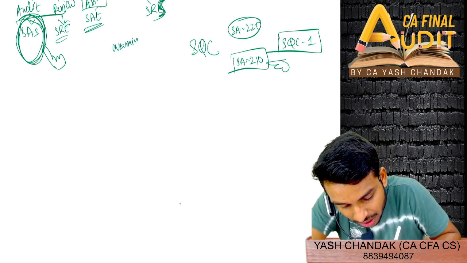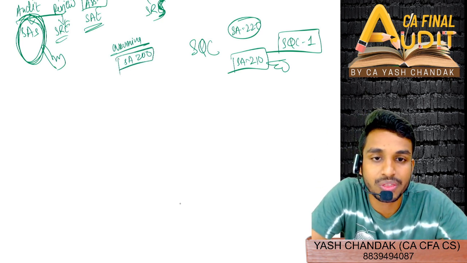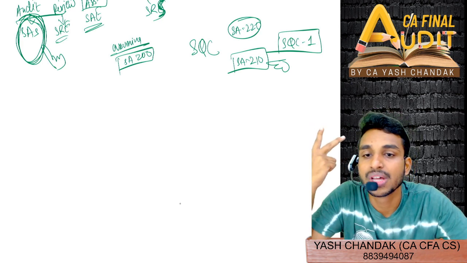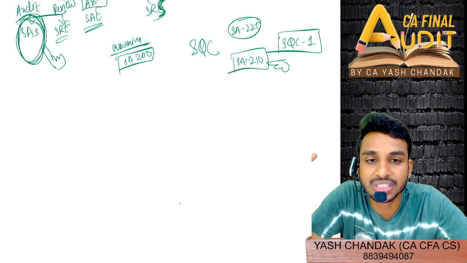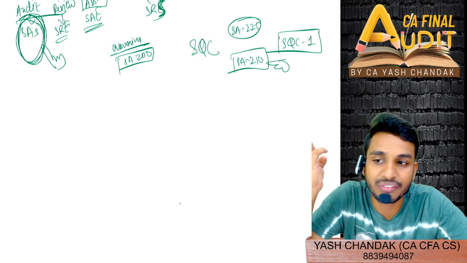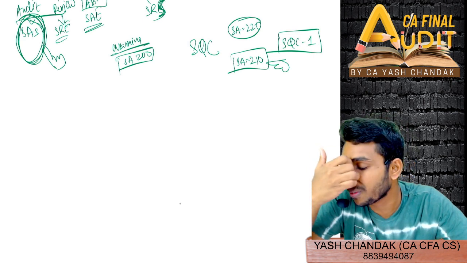Assuming you have the basic knowledge of SA 200 from IPCC, I want you to read and come back tomorrow from SA 200, which is nothing but confidentiality, professional skepticism, basic concepts which involve the audit, the five fundamental principles of your code of ethics. Similarly, there are five fundamental principles: integrity, objectivity, professional competence, due care, and confidentiality.